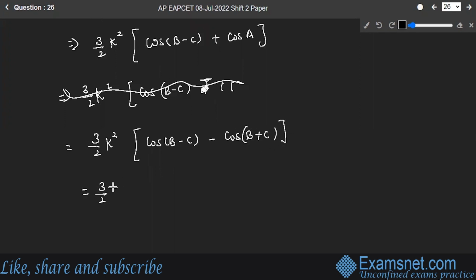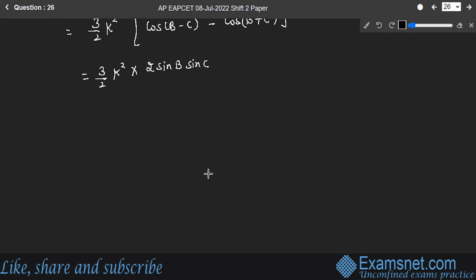This is equal to 3/2 k² multiplied by 2 sin B sin C, or this is equal to 3 k sin B k sin C, which is actually 3bc, right?